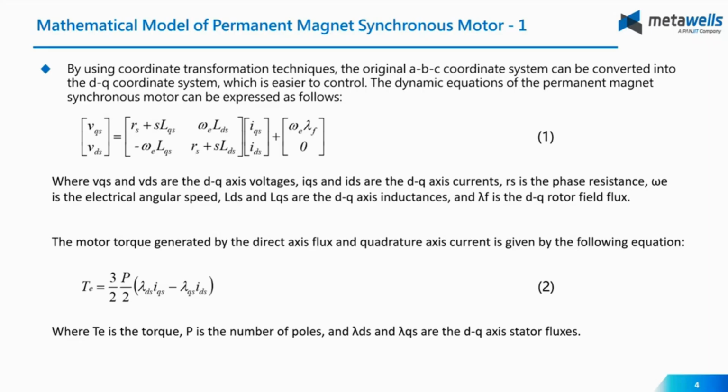This is the fundamental basis for FOC. So I can give a tip. In simple terms, the q-axis current generates torque, and the d-axis current controls flux.